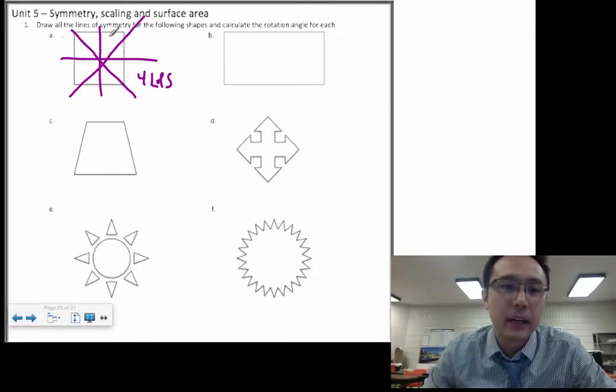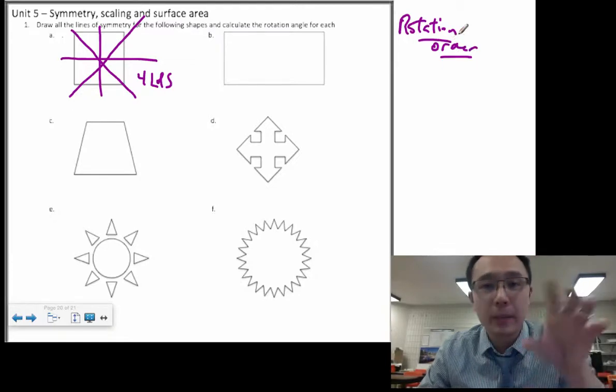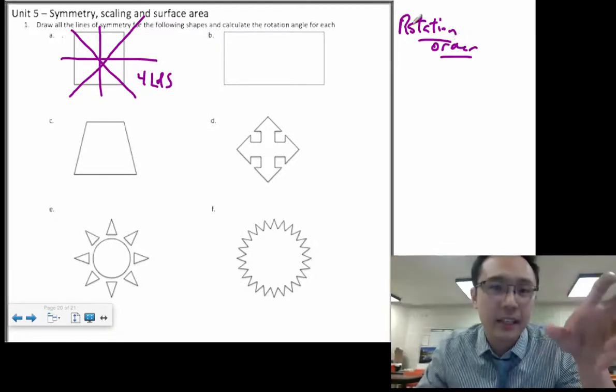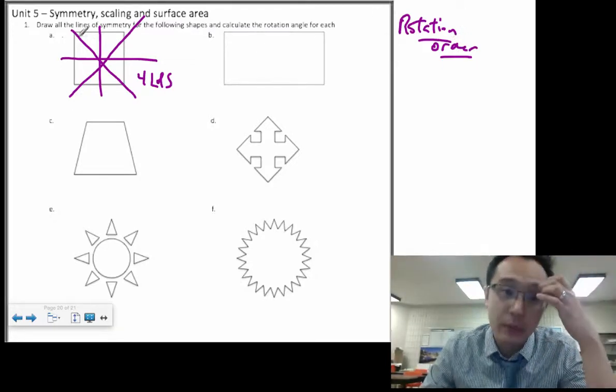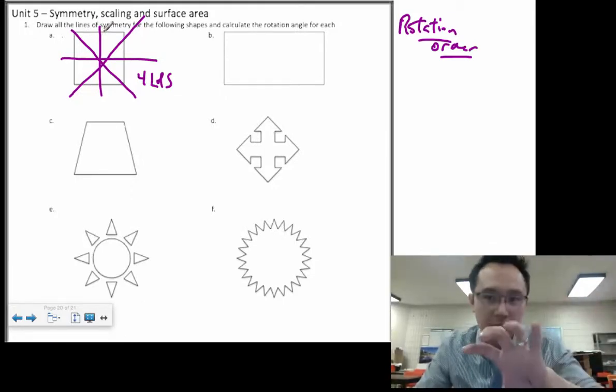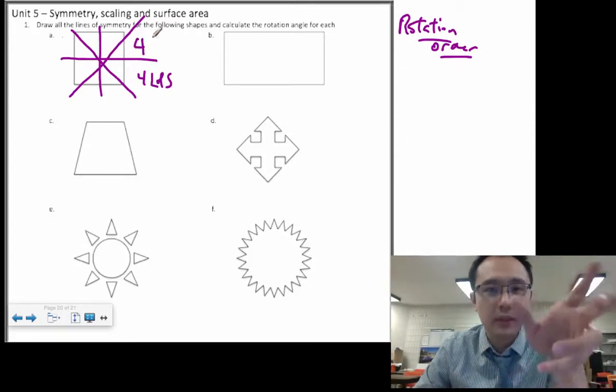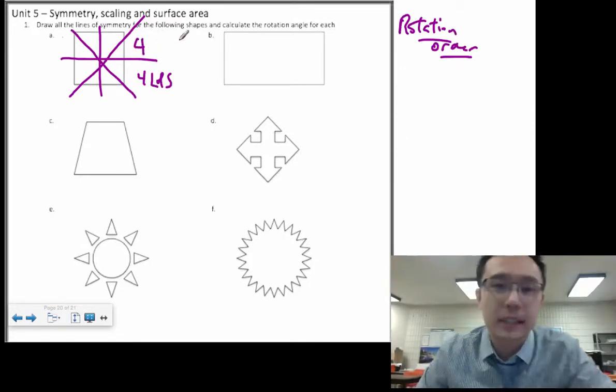We can calculate the rotation angle by knowing the rotation order. The rotation order, if we remember, is the number of times the shape can be rotated to look exactly the same. So if you take this square, we can rotate it 90 degrees, and then 90 degrees, and 90 degrees, and 90 degrees. So this one has a rotation order of 4, because you can rotate it 4 times to make it look exactly the same.